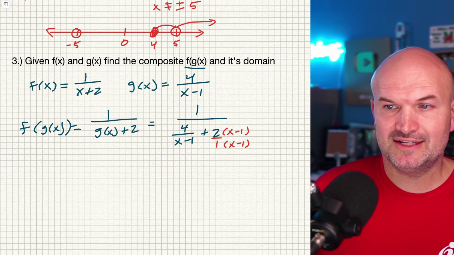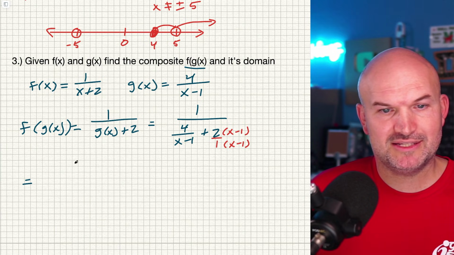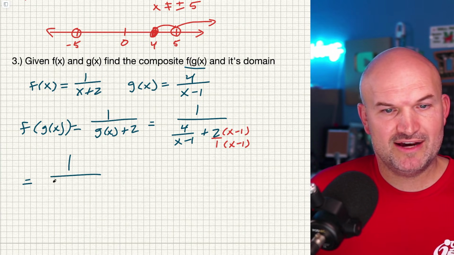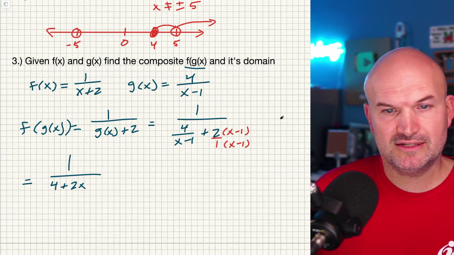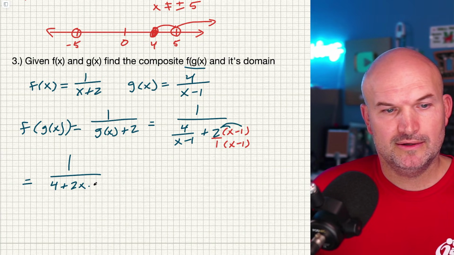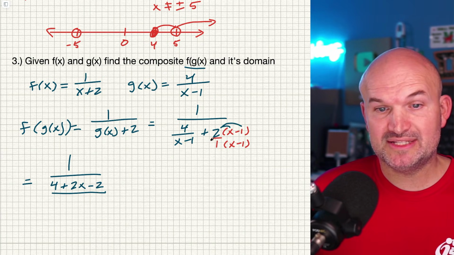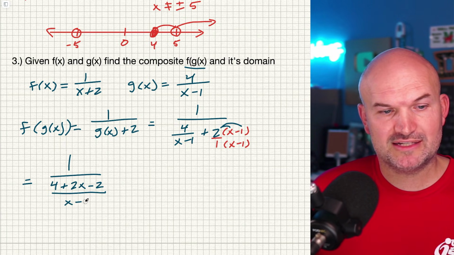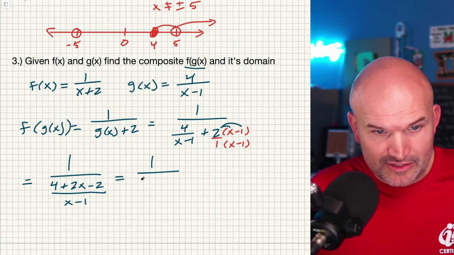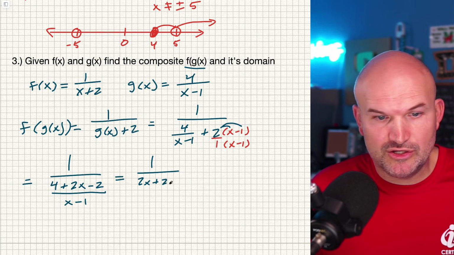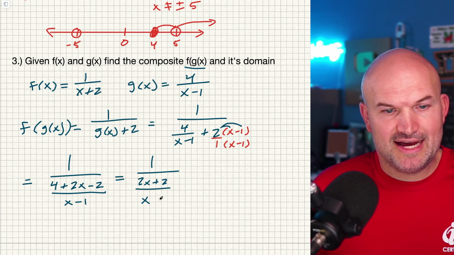And then I'm just going to continue, because I'm a little limited on space, with my equal sign. So I have 1 over 4 plus 2x, you can apply the distributive property, minus 2, all over our common denominator, because now they have a common denominator of x minus 1. And I'm left with 1 over 2x plus 2 divided by x minus 1.